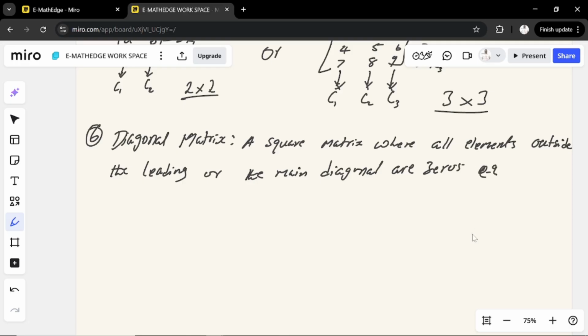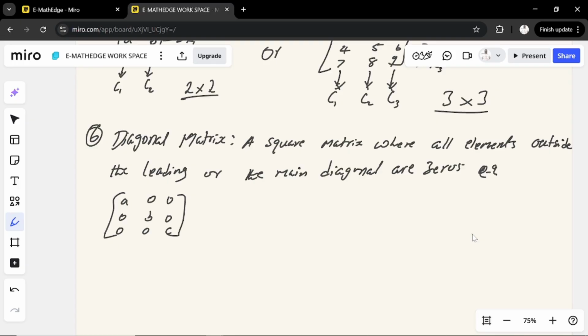Let's look at examples. Let's say we have a matrix as this: A 0 0, 0 B 0, 0 0 C. Now this is a 3 by 3 matrix, right?